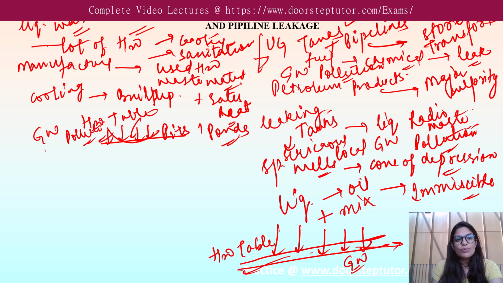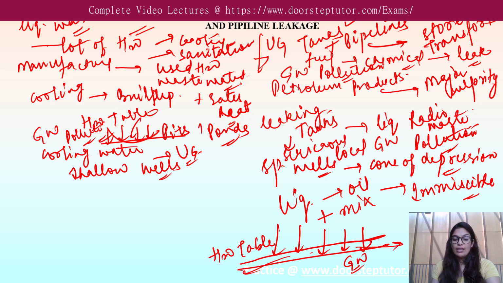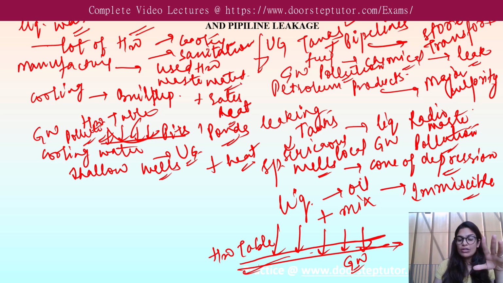Sometimes this cooling water is put back underground also, as I have told you in the previous lectures, through shallow wells. This is done only when the water quality is still good, except for the added heat which has been provided to it.